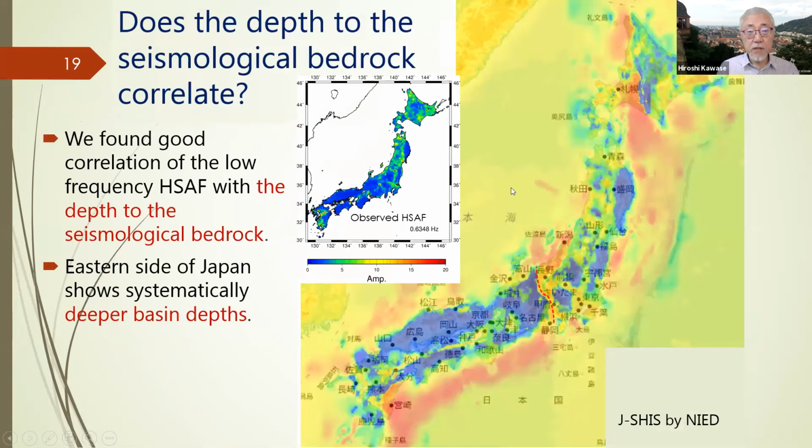And as a gross aspect of the site amplification factor, I would like to emphasize that the site amplification factor we obtain from the seismological bedrock to the surface is quite consistent with depths down to the seismological bedrock, which is determined for whole Japan as the JCC structure.